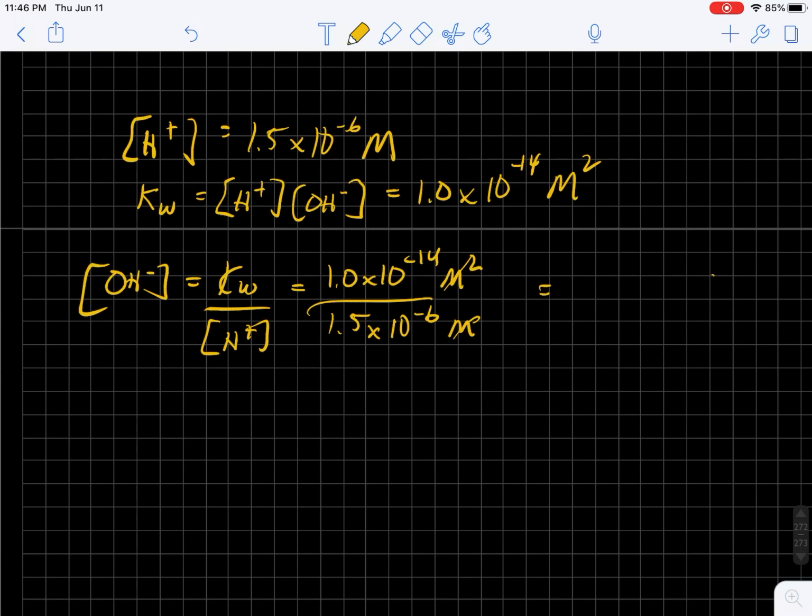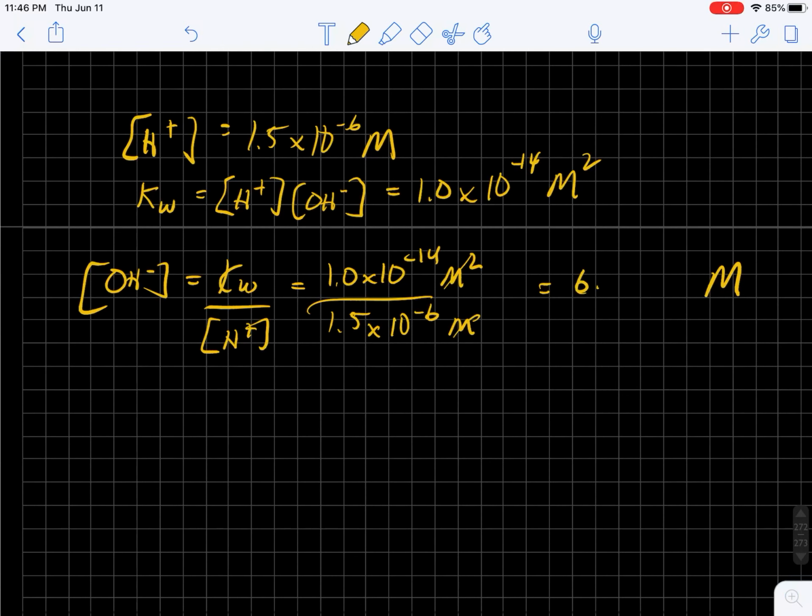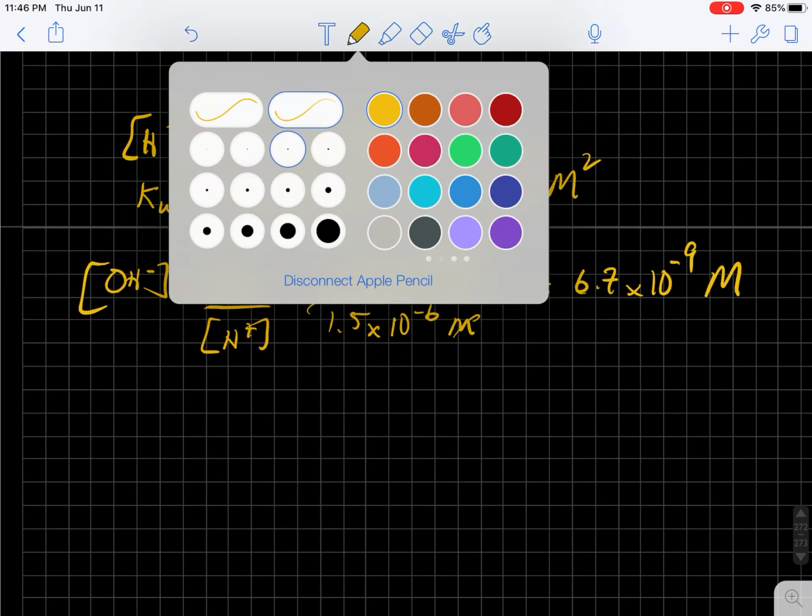They do that, and then this cancels, and you wind up with molarity. But as a standard practice, they really don't include the units in these calculations. 1 exponential negative 14 divided by 1.5 exponential negative 6. So that gives me a concentration of 6.7 times 10 to the minus 9.